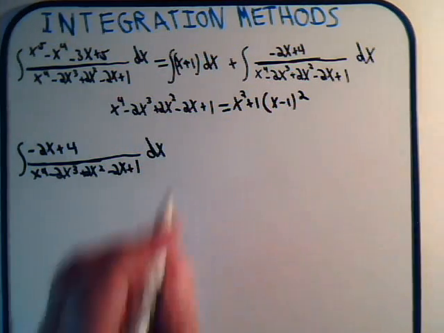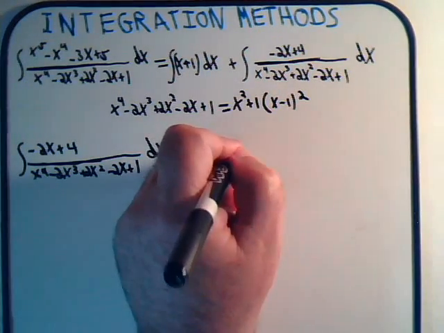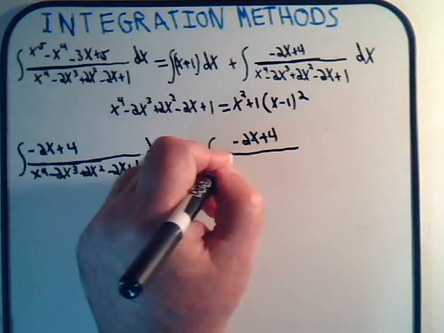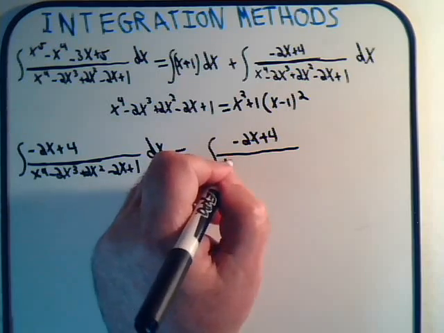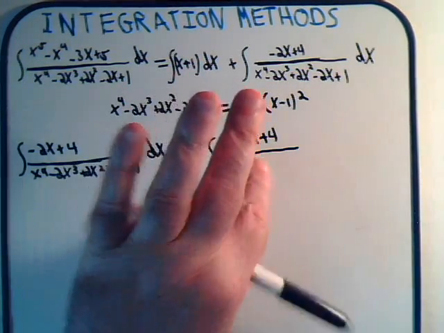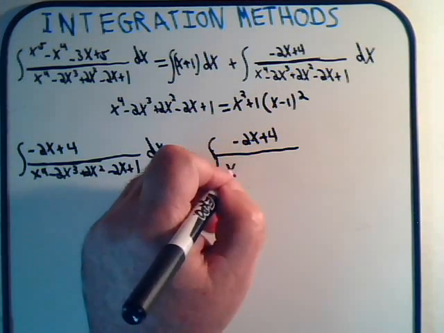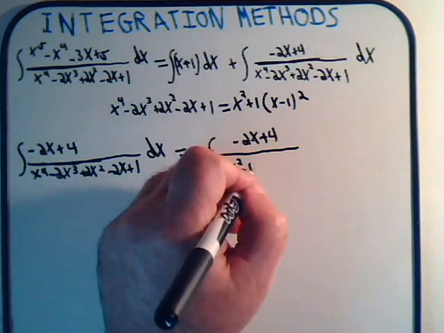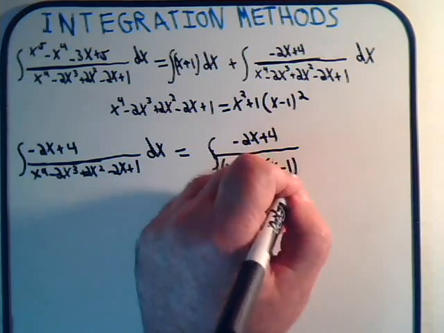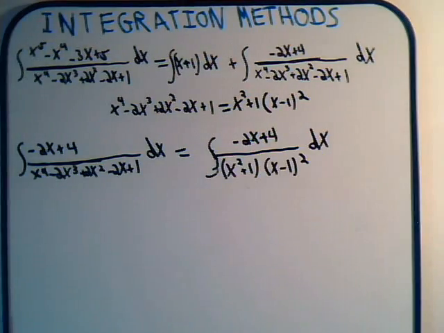That's going to equal the integral of minus 2x plus 4 divided by, let's write this a little bit neater, x squared plus 1 times x minus 1 squared, dx.